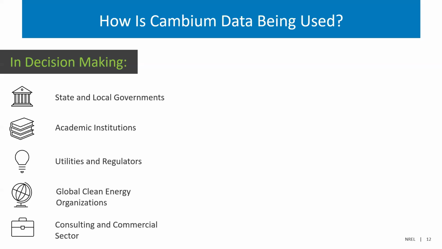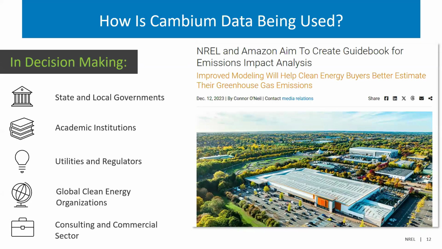Academic institutions, utility regulators, nonprofit organizations, as well as the consulting and commercial sector. All these entities are drawing from the data in various instances, and then using it to plug into some type of internal process that doesn't necessarily result in a publication, but might help inform rank ordering of different impacts that they're looking at, or things like that.